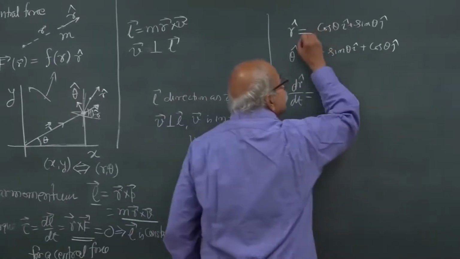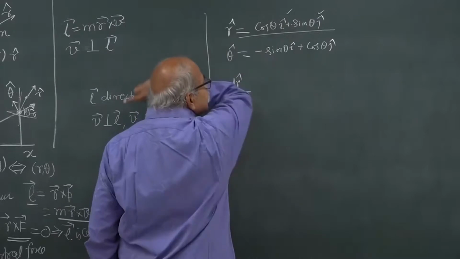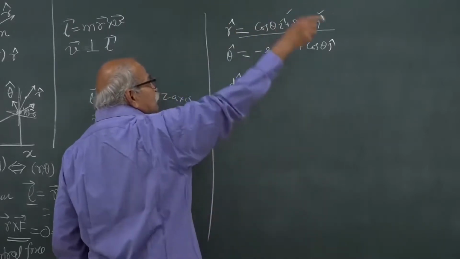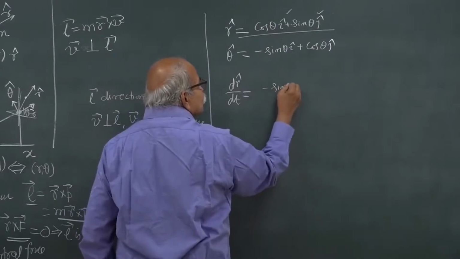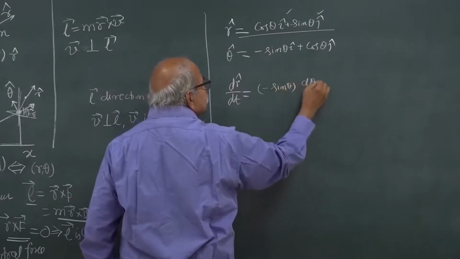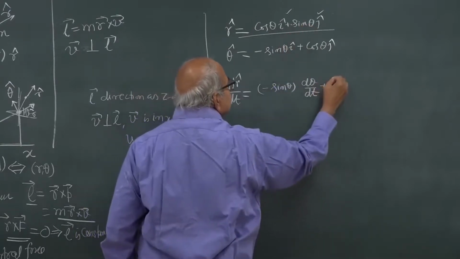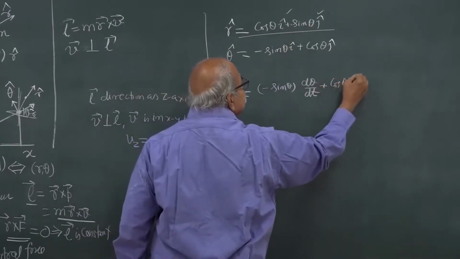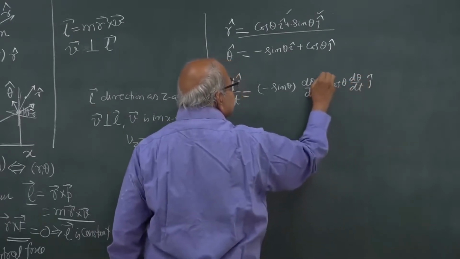Okay, so these are fixed vectors i cap, j cap; theta is variable, theta can change as the particle moves. So, this is minus sin theta times d theta dt, and plus cos theta times d theta dt, here is j cap, here is i cap.